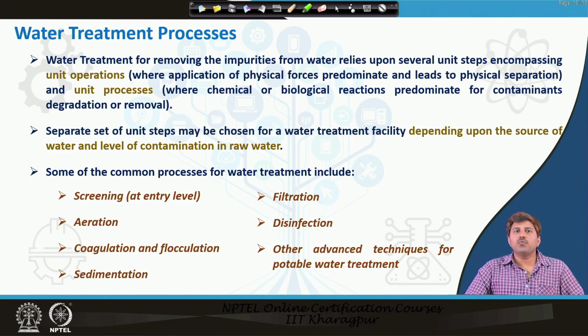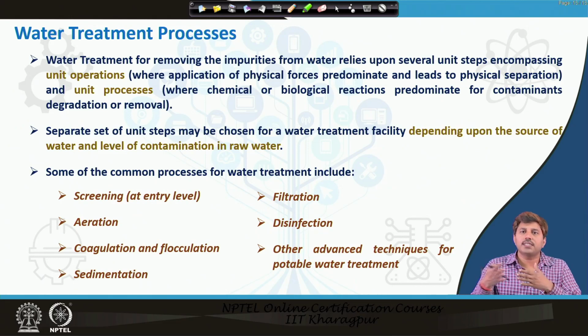Now if we talk about the water treatment processes, because we have been saying that we need to treat water for removal of contaminants, how do we treat water? So the objective of water treatment is removal of impurities, and there is no one single step or single unit which can remove almost all the impurities.